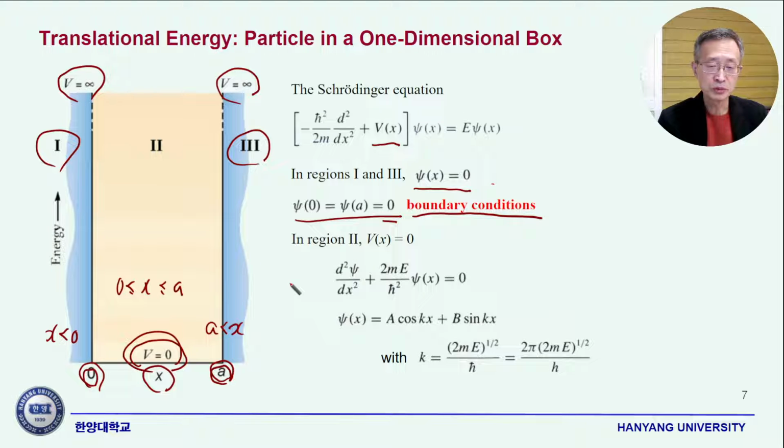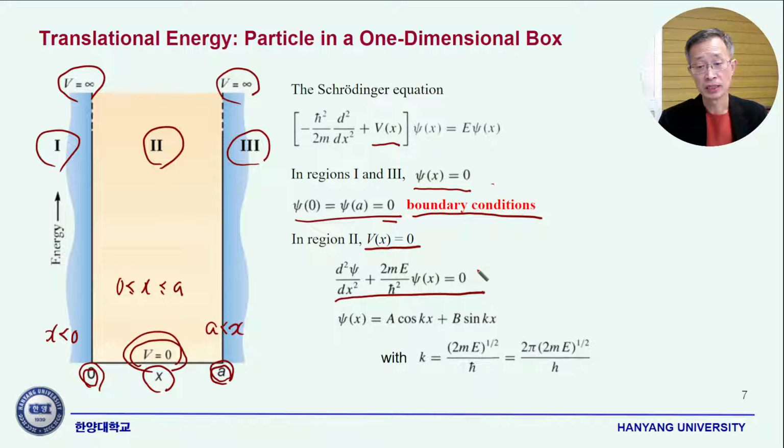In region 2, we only solve in region 2, where V is 0, and the Schrödinger equation is reduced to this simpler form. Notice that there is no potential, only the kinetic part.